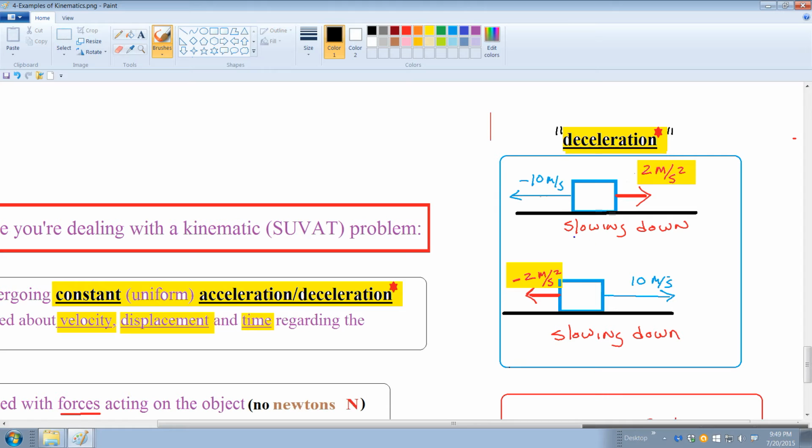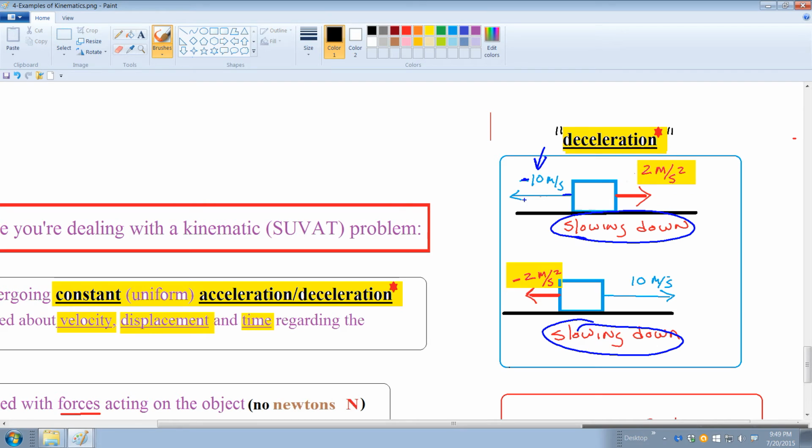Here we have an object that's slowing down in 2 scenarios. In the top scenario, we've got an object that is going to the left. It's got a velocity of minus 10 meters per second. Now it's minus because it's going to the left, and I arbitrarily have defined left as negative and right as positive.